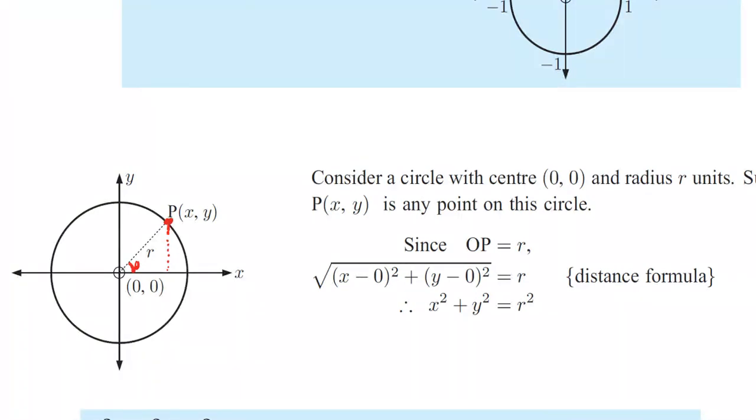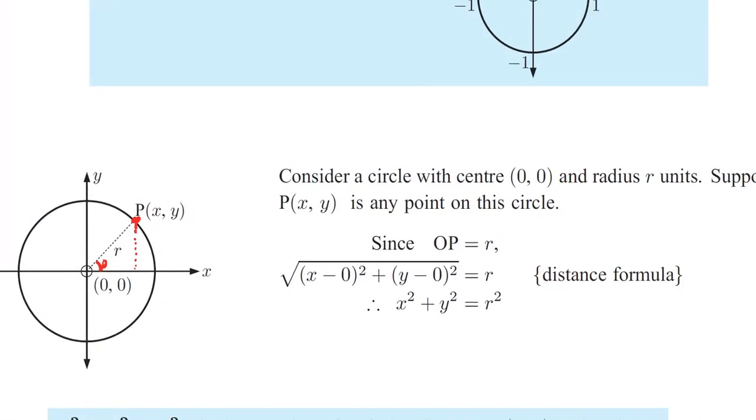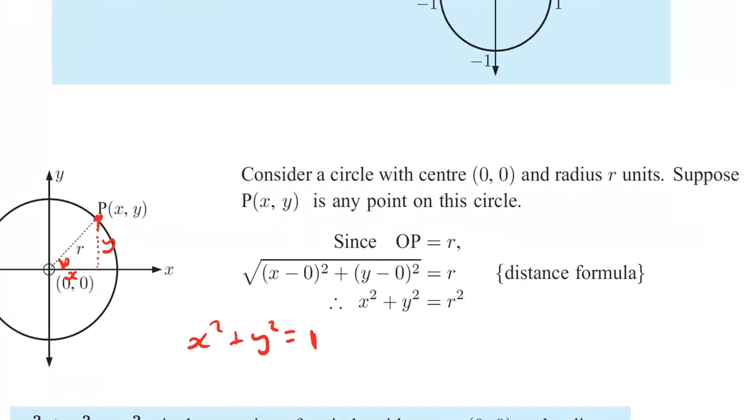So if we think about Pythagoras in this context, the opposite is a bit like the y coordinate and the adjacent of that angle is a bit like the x coordinate. If we define them like that, then we can say that x squared plus y squared is equal to the radius squared. And in this case, we have radius of 1. We can say that x squared plus y squared is equal to 1.